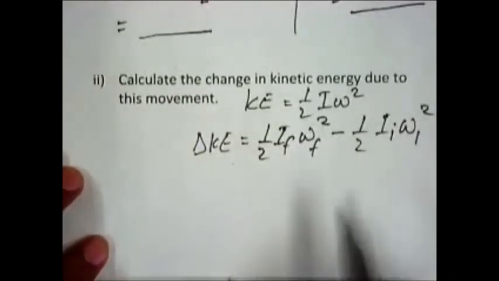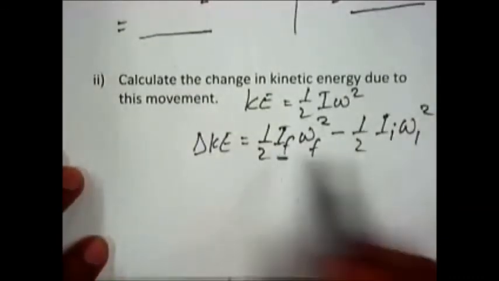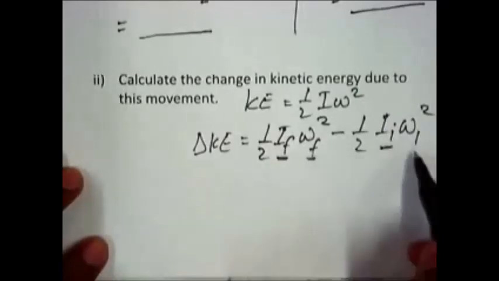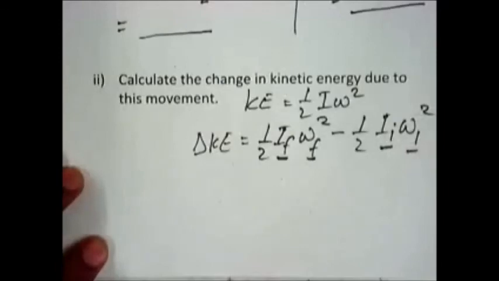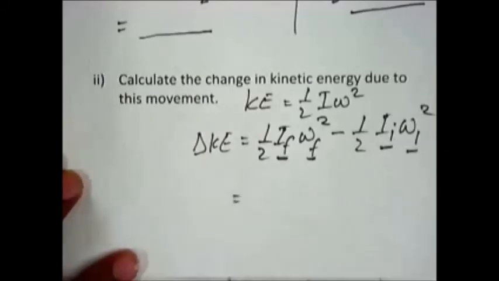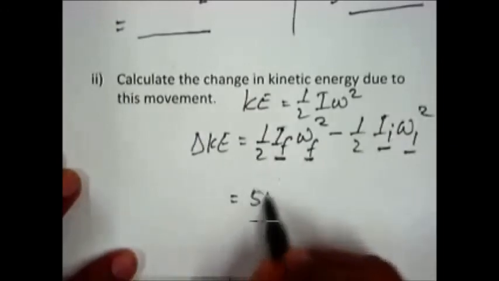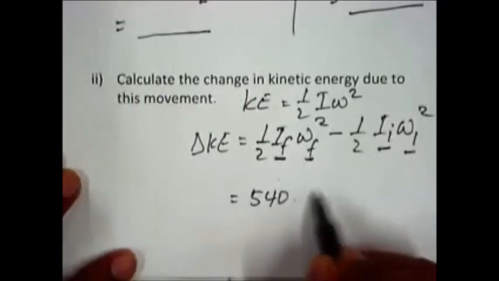Now you already have the values for the moment of inertia and also for the angular velocity. So put those values in and you'll get your final answer, about 540 something joules.